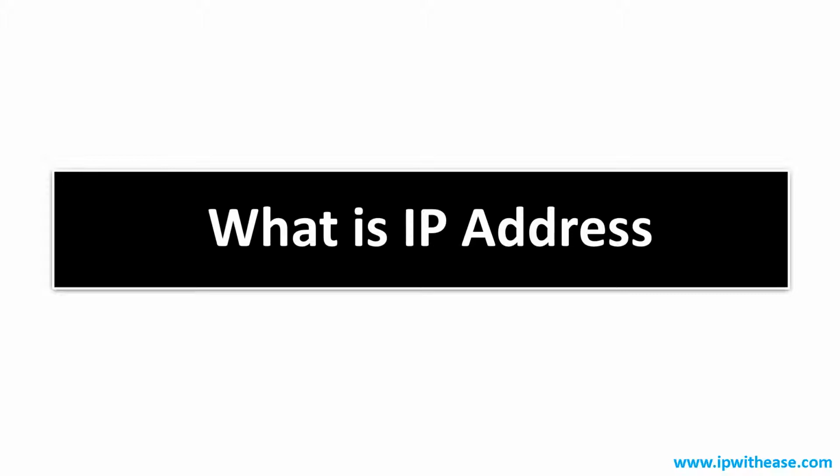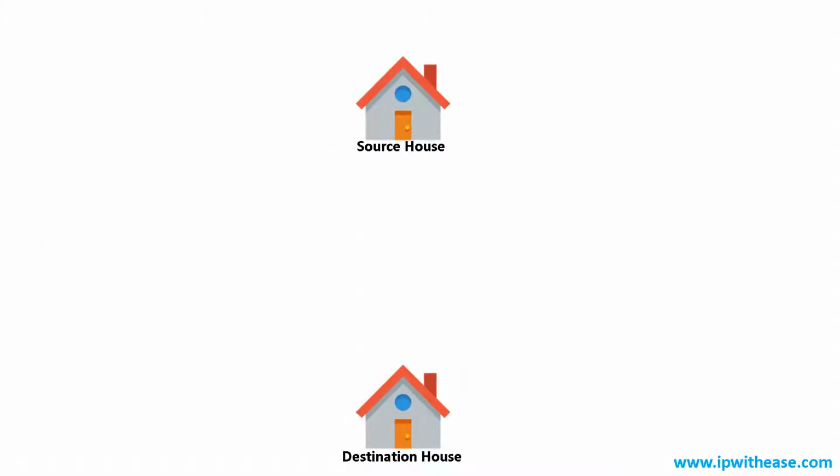IP address is the term which stands for Internet Protocol Address. Now, let's understand why IP address or Internet Protocol Address is necessary. Let's take an example where we need to send a letter from one house to another house.